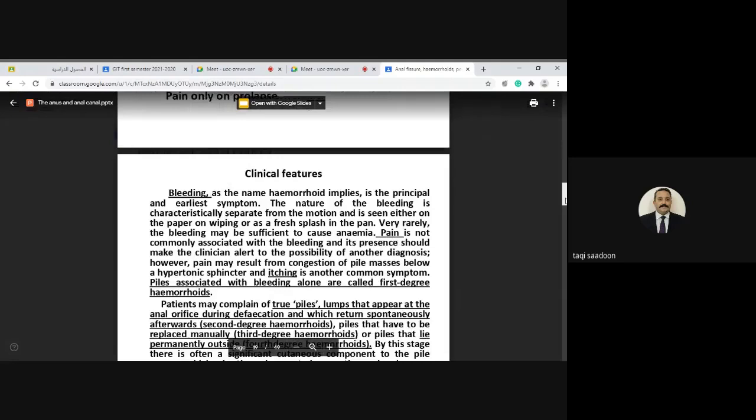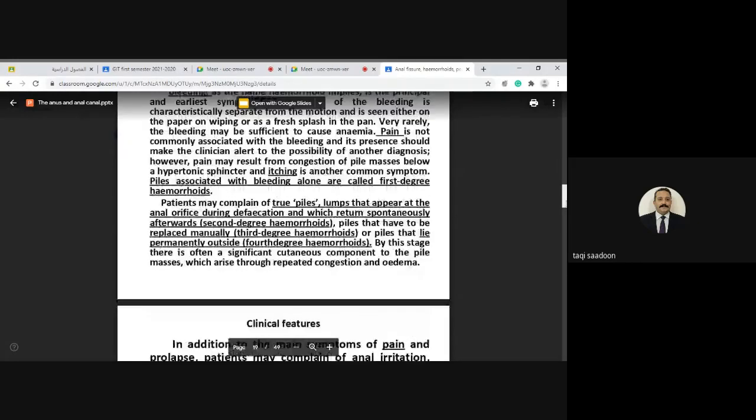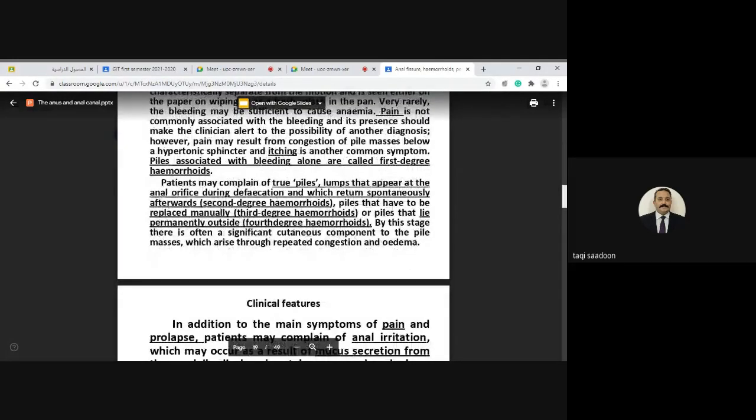So the bleeding is very important. The patient may complain of pain if there is a complication, and itching also due to mucus discharge. Piles associated with bleeding alone are called first degree hemorrhoids. If it is only associated with bleeding, this is first degree. But if true pile lumps appear at the anal orifice during defecation and return spontaneously, this is second degree.